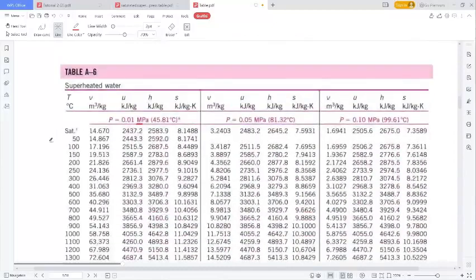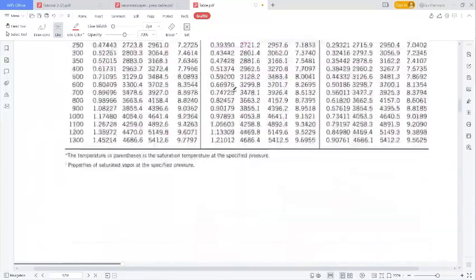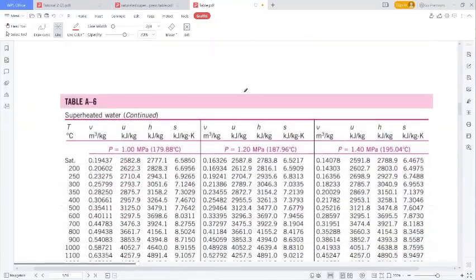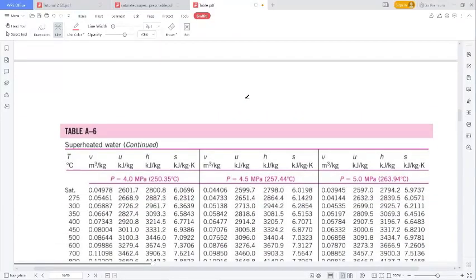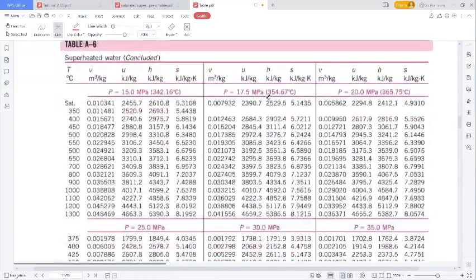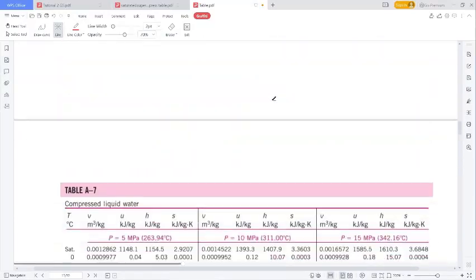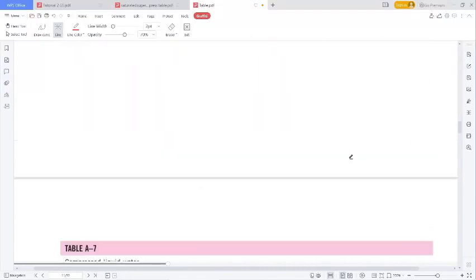So this is the temperature for every single pressure. And by the way, the highest pressure for superheated water in A6 will be 60 megapascal.